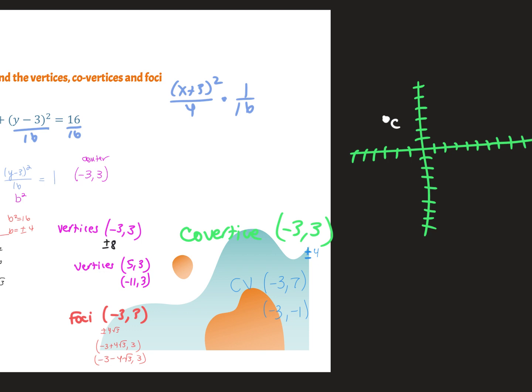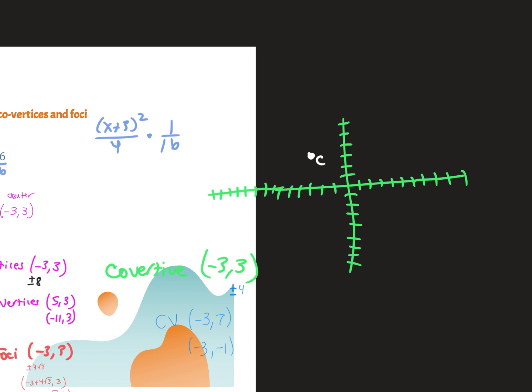Where are my vertices? At 5, 3, okay. So 1, 2, 3, 4, 5, 1, 2, 3. And where? Okay, 1, 2, 3, 4, 5, 6, 7, 8, 9, 10, 11, 3. All right, agreed, good.